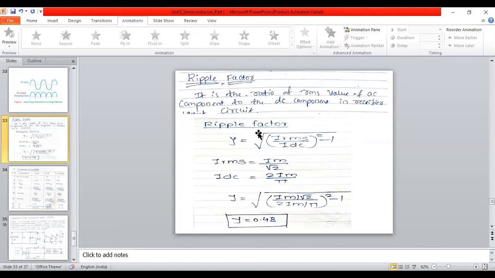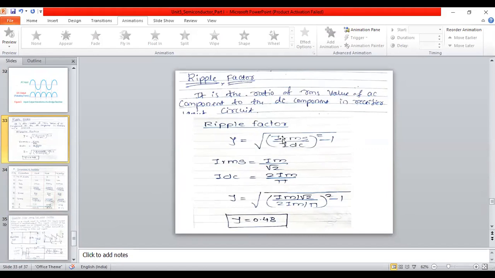Gamma is the ripple factor. It is the square root of (I RMS divided by I DC) squared minus 1. We derived this equation by rearranging the I RMS and I DC value equations.